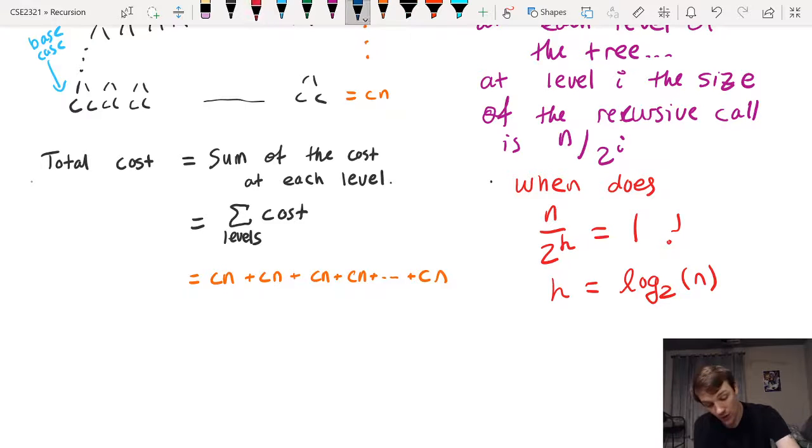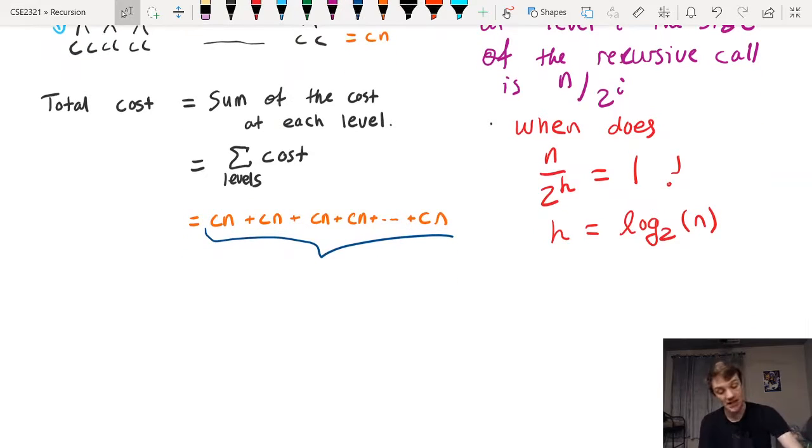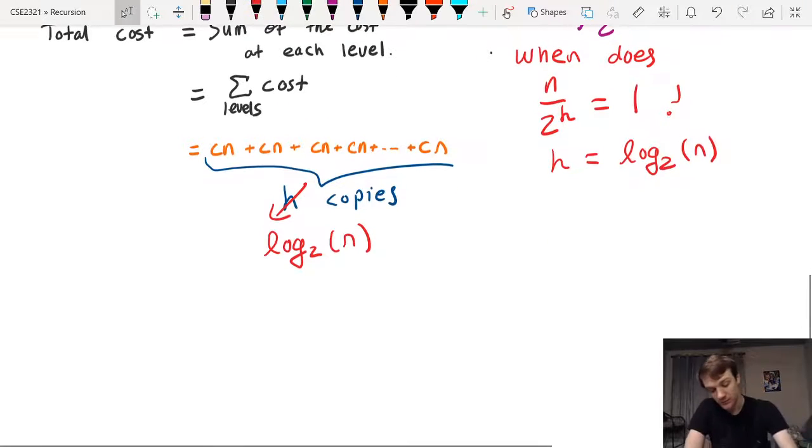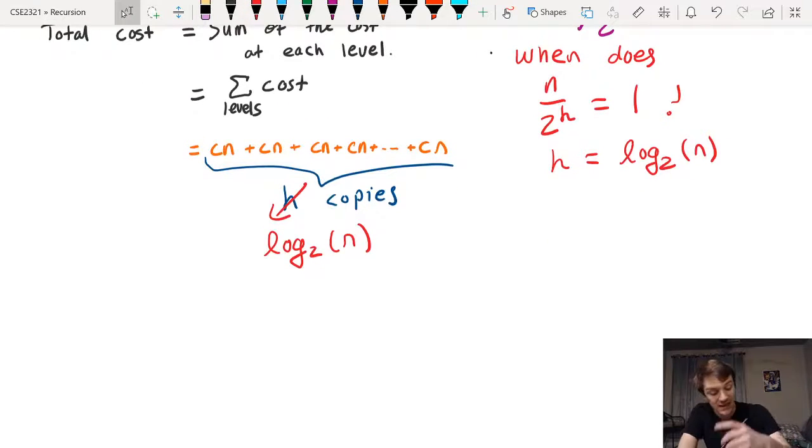So over in my problem I was looking at before, how many copies of Cn were there? There were h copies, and h is equal to log base 2 of n. So I'm adding up Cn log base 2 of n times.